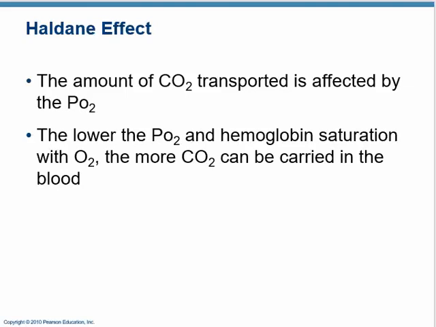Now, the Haldane effect is the amount of carbon dioxide transported is affected by the partial pressure of oxygen. The lower the partial pressure of oxygen, the more CO2 can be carried, so it finds that balance.